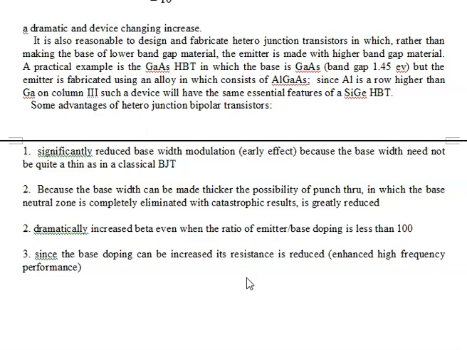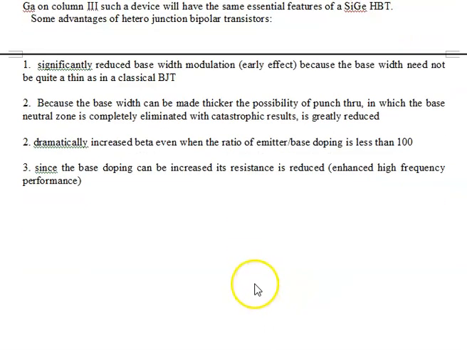Because we can make the base a little bit wider in an HBT, we don't have to worry about that. And we get a dramatically increased beta even if we reduce the doping density to be less than 100. So those are significant advantages to the HBT.